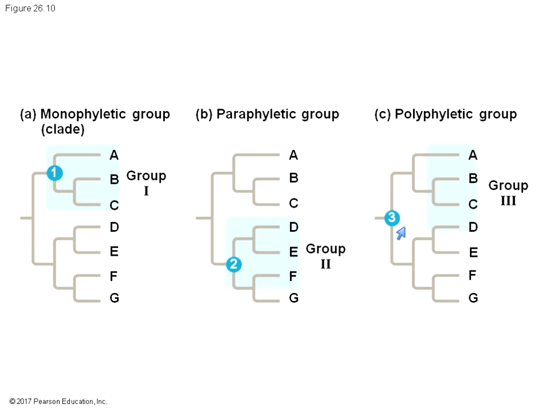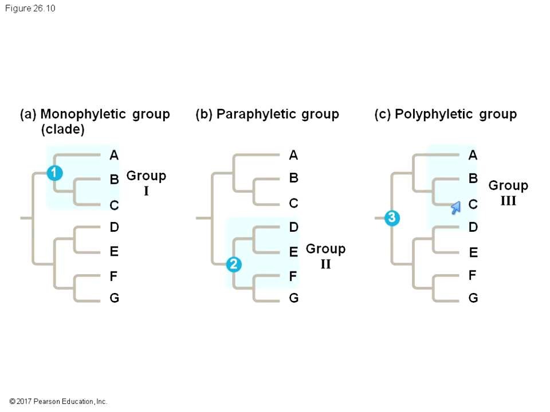Polyphyletic, the common ancestor is here, number 3. Here's our grouping, group 3, and group 3 is not including that common ancestor. It's including this common ancestor right here for B and C. It is not including even the common ancestor for A, B, and C. And it's definitely not including the common ancestor for A, B, C, and D. You'd have to go back even further to take a look at this common ancestor.